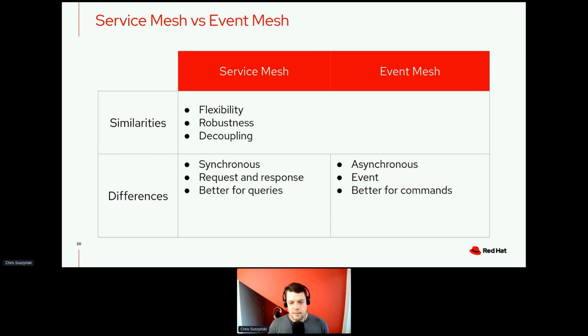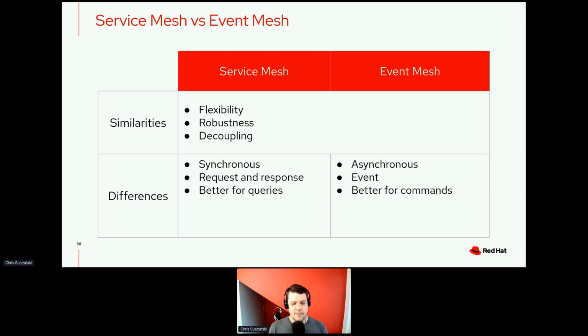So service mesh is better for queries, and event mesh is better for commands. If we go back to that idea of the command and query responsibility pattern, we should maybe choose an event mesh to process the commands. For queries, we could use a service mesh if we need it, but queries are often simple and we don't really need a lot of services to build a query, right?